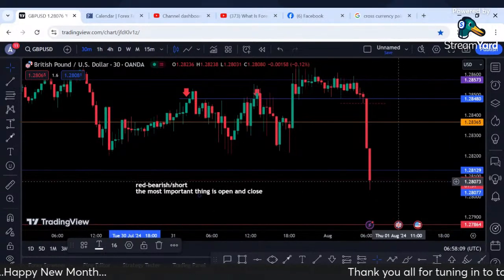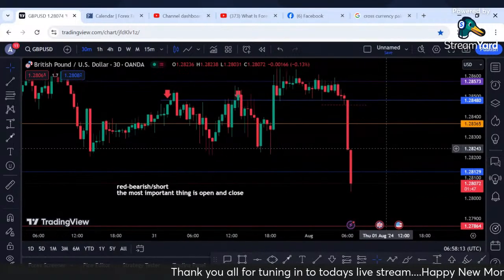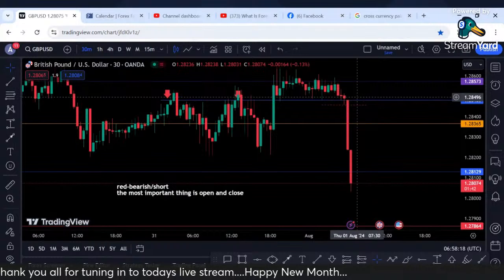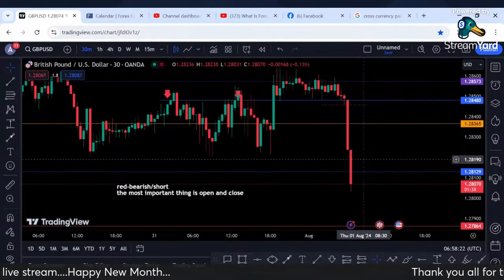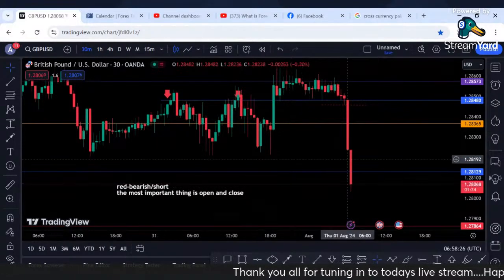And the way you are going to be able to determine if the candle is bearish is when the open is high and the close is very low. That's when you are going to tell the candle is what? A bearish candle.